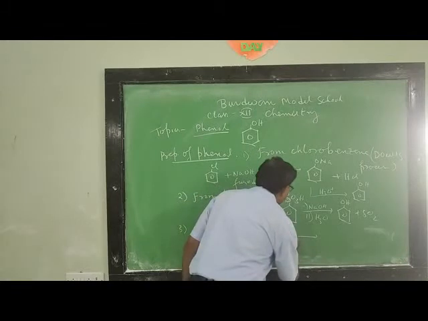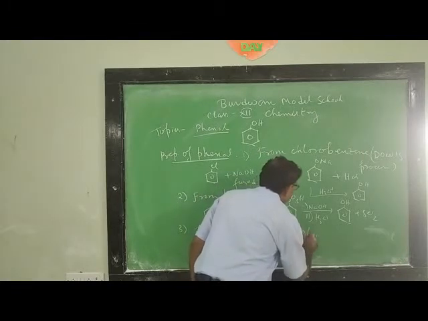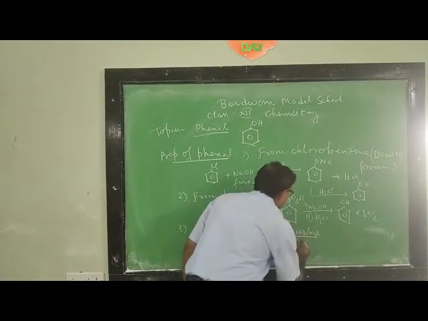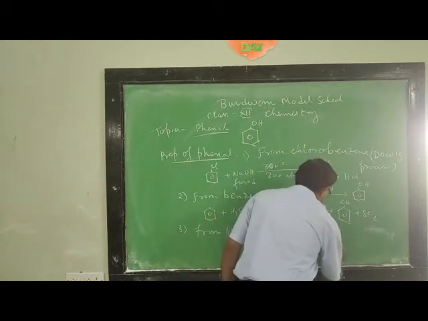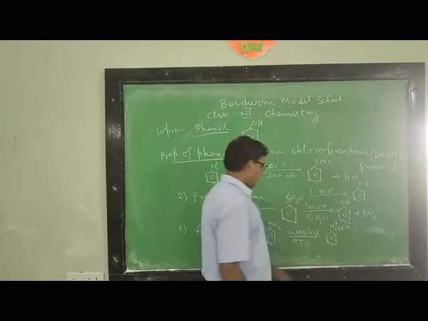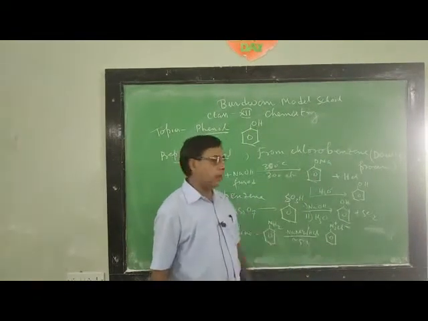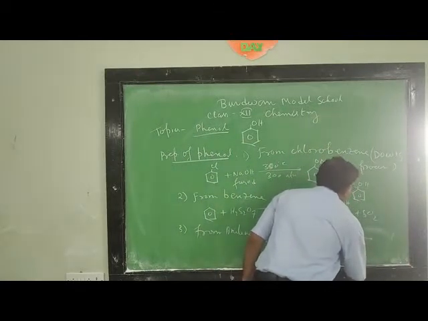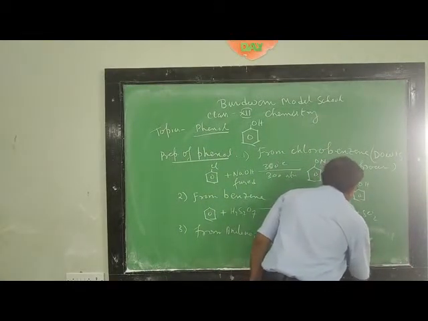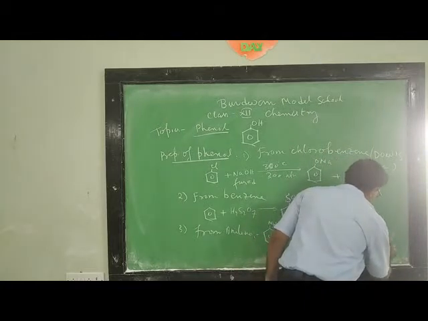Aniline, when treated with NaNO2/HCl at 0 to 5 degree centigrade, forms benzene diazonium chloride, benzene ring N2+Cl-. This is known as benzene diazonium chloride. This benzene diazonium chloride, when boiled with water, forms phenol.